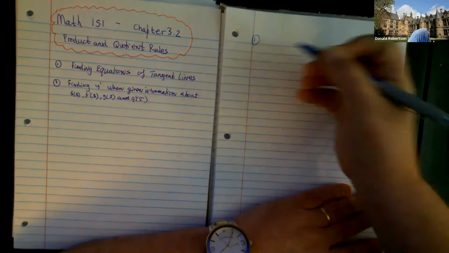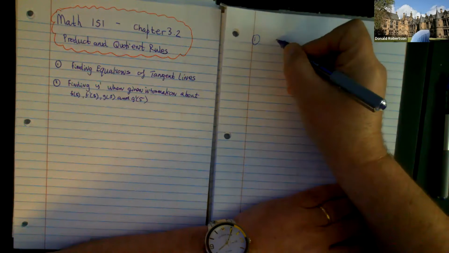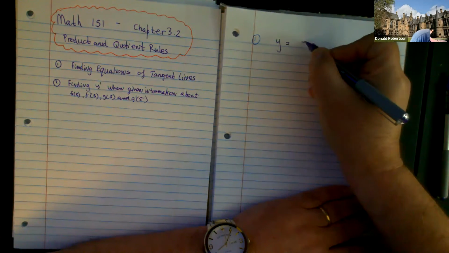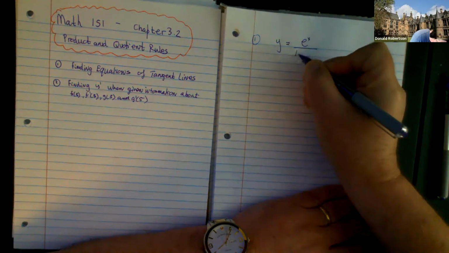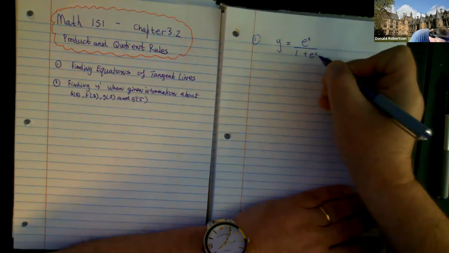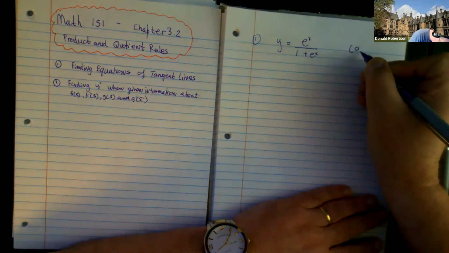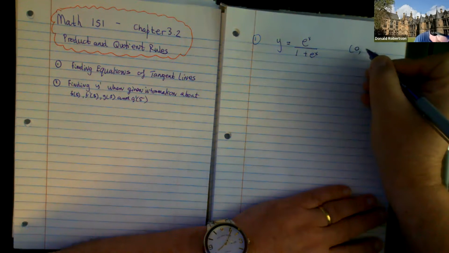So let's do the first one, which is finding the equation of a tangent line. Let's suppose we have y equals e to the x over 1 plus e to the x, and we're interested in the slope of the tangent line at 0, 1.